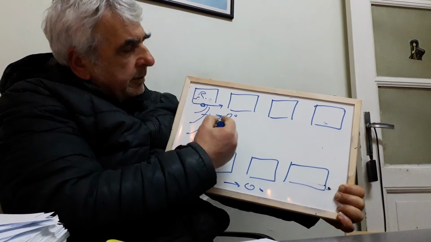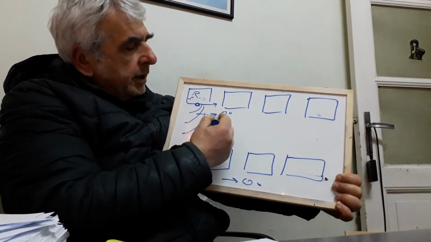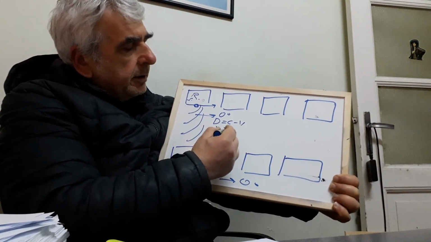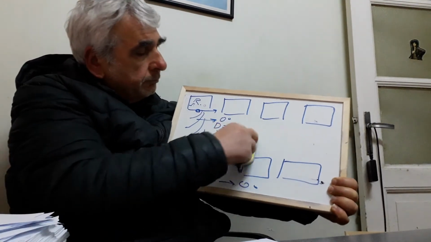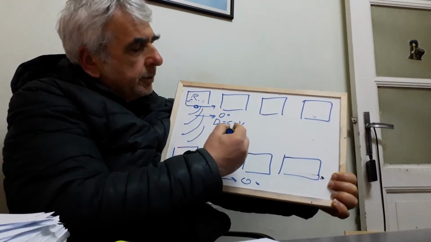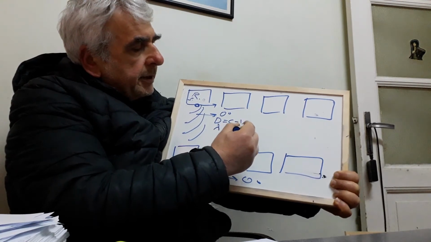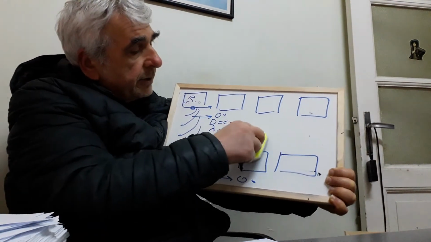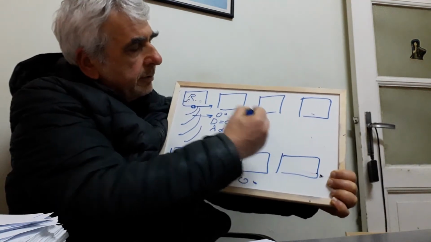In 0 degree direction, D will equal C minus V, and lambda alpha will be equal to lambda n minus delta lambda, in 0 degree.